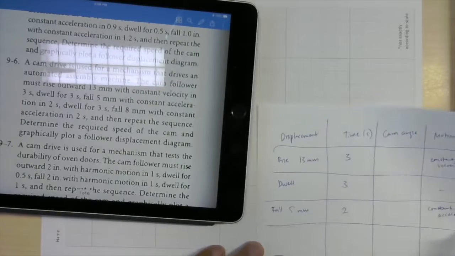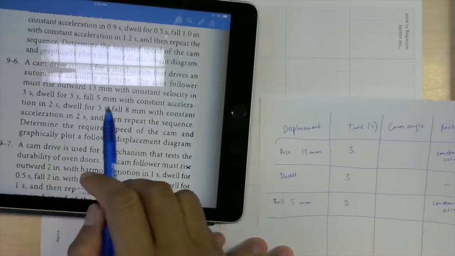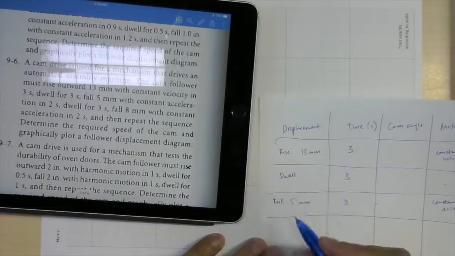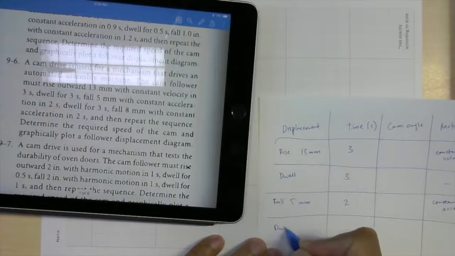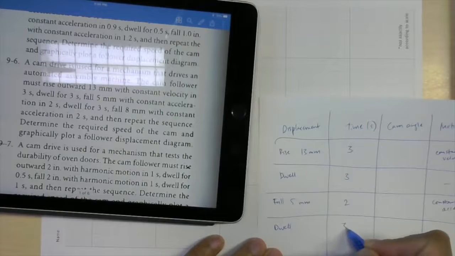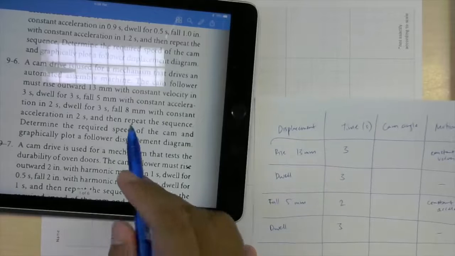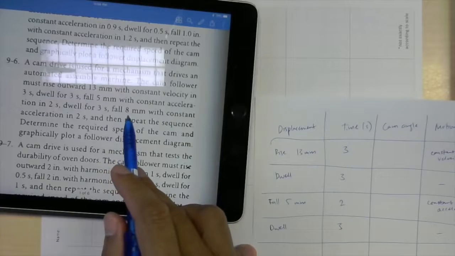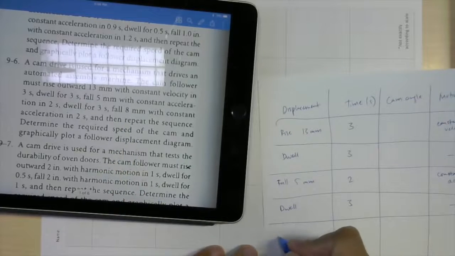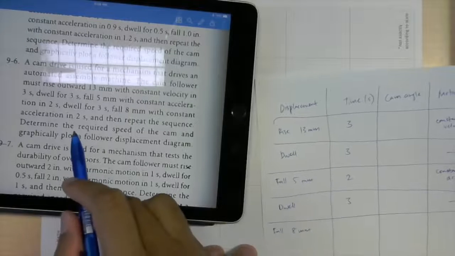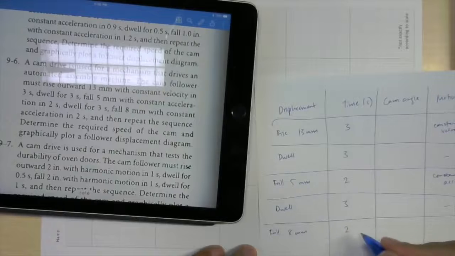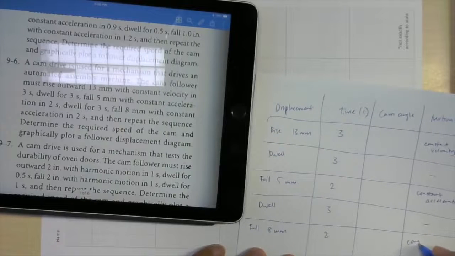Then we have dwell again for 3 seconds, and finally fall 8 mm within 2 seconds with constant acceleration.